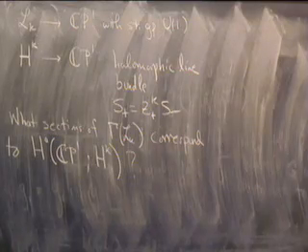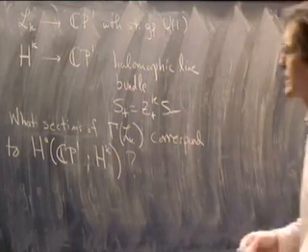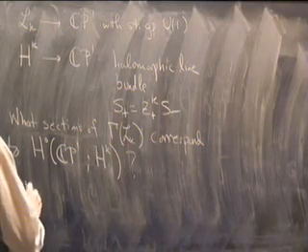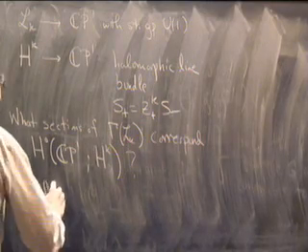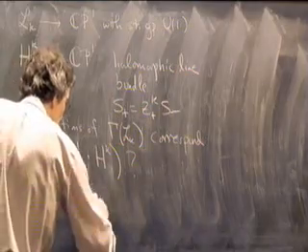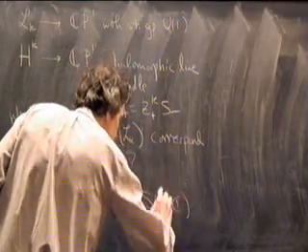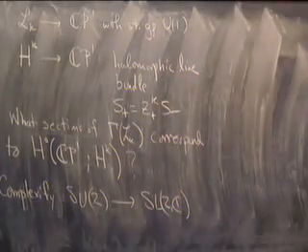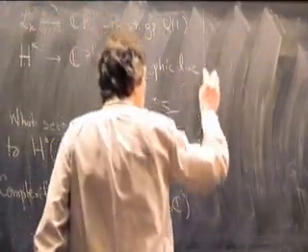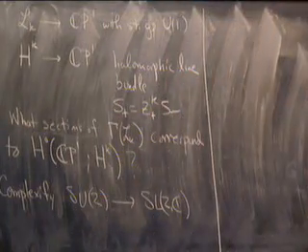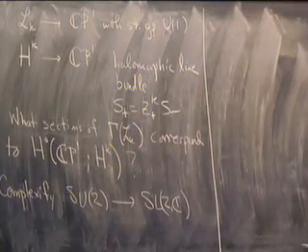Now, to answer this question, we need to complexify SU2. If we complexify SU2, we get SU2 goes to SL2C. Actually, it'll be a little more convenient to go a little further and talk about GL2C.